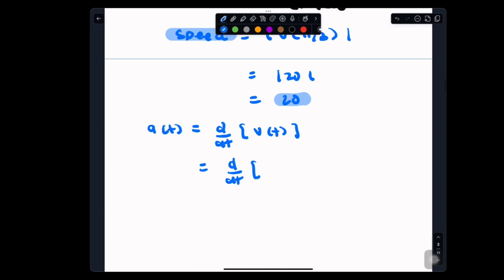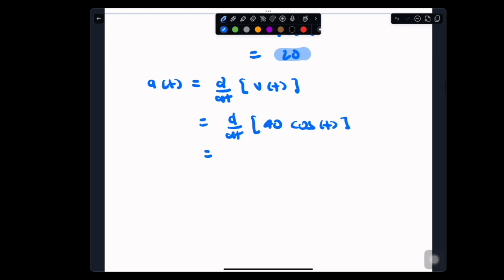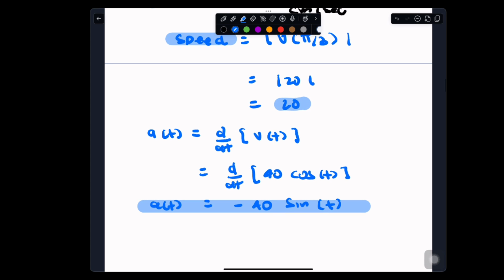Well, hold on. We gotta put 40 cosine. That's the definition of velocity. What's this derivative? Negative 40 sine what t? Is that true? So it isn't too bad. I don't think it's that bad. Taking derivatives, that's why we are here.